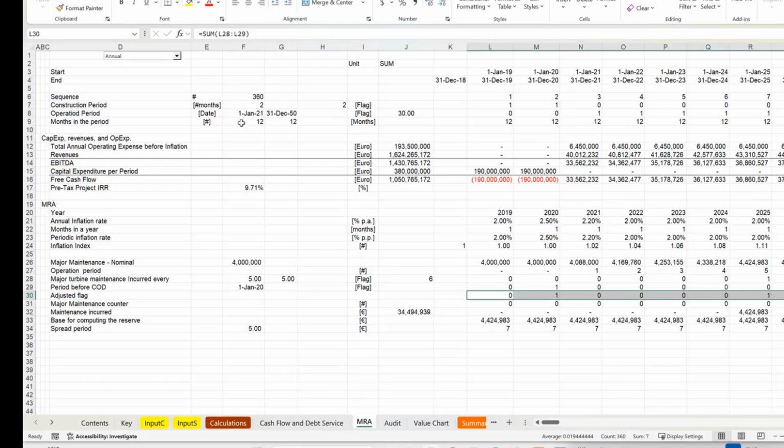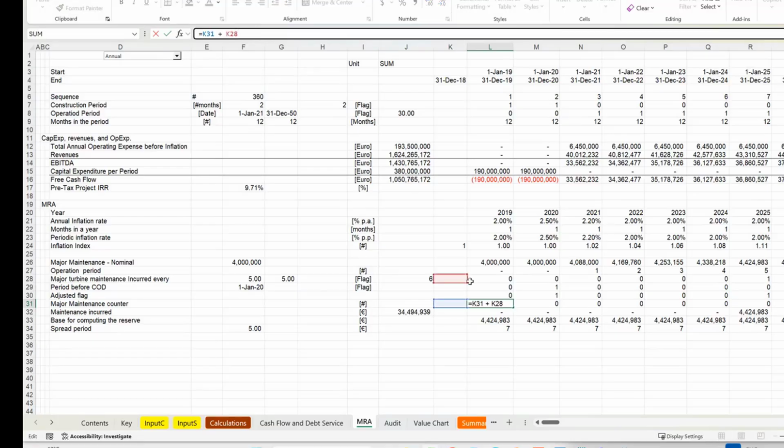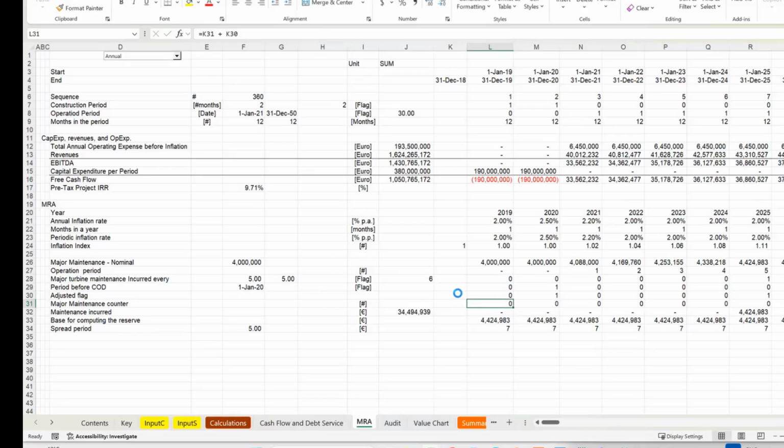Then go down and put an equal sign and just use the counter from that line you just did. Okay. And then it gave us 2 at the very beginning down there on that spread period, which you don't even care about anymore because it's the construction period.